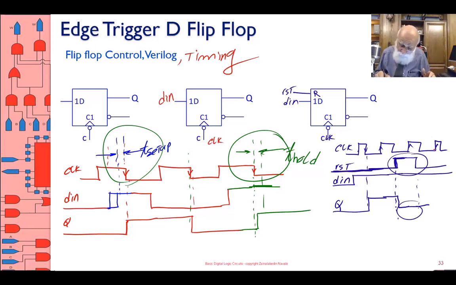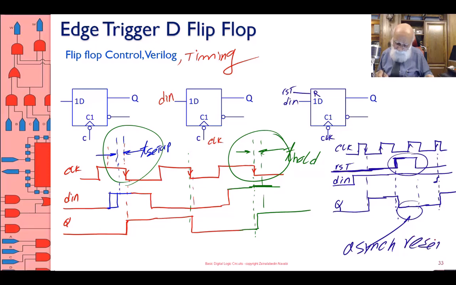And then on the next edge of the clock, after reset is no longer active, the input of D, which is at 1, will go into Q. So that's the timing for this, and this is because of asynchronous reset. And notice that I don't have a number on the left-hand side of my R. That means this is asynchronous.